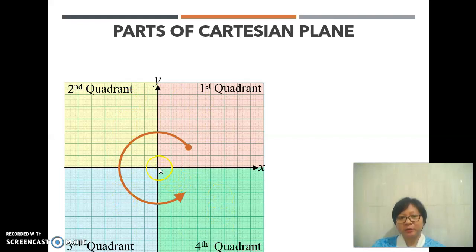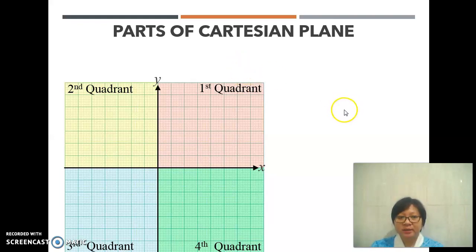See this part? The x here, the y here. There is no number here. That's why we need to generate the numbers. Remember, the Cartesian plane is also known as the number plane. So where are the numbers?